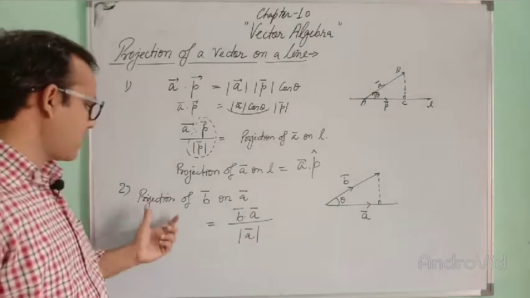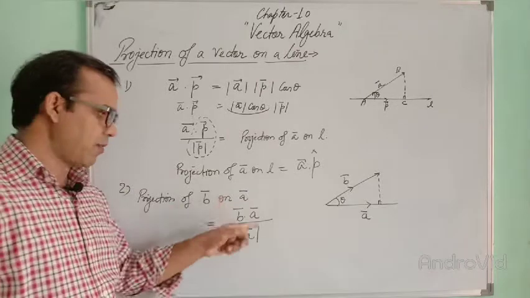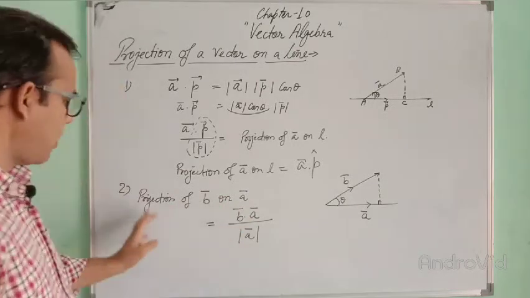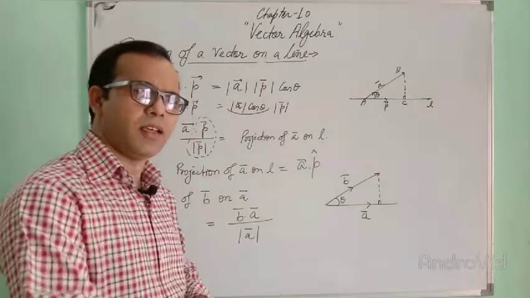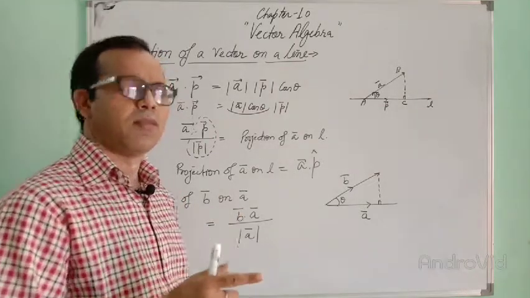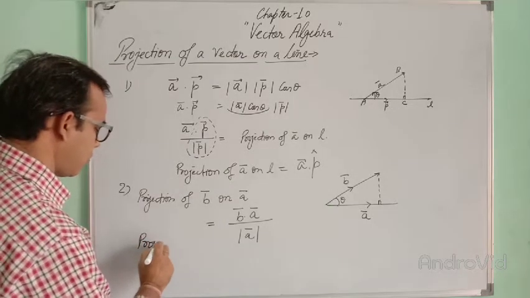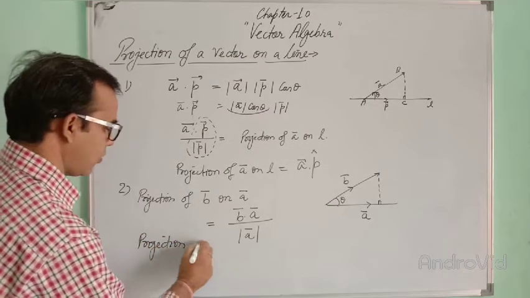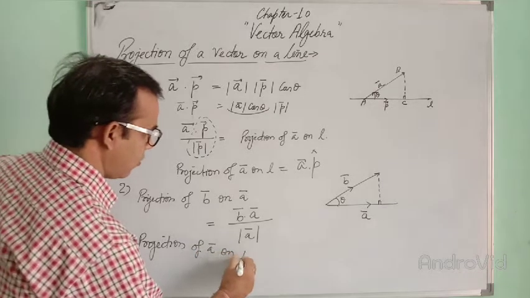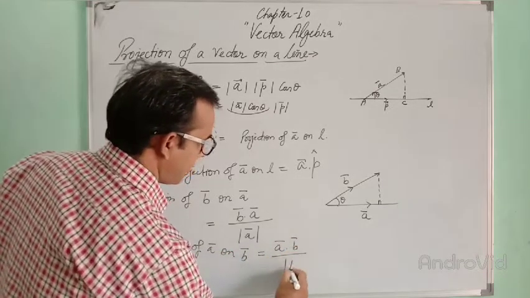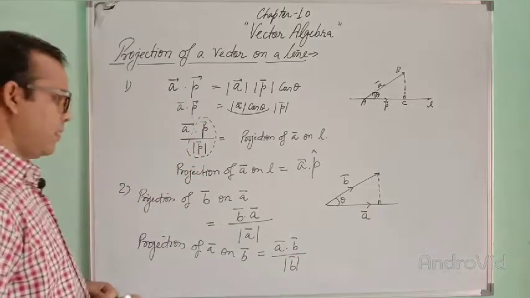Means we want to get the projection of B on A, then we will divide the dot product by the magnitude of A, and when we want to get the projection of A on B, then the dot product will be divided by the magnitude of B vector. Means the projection of A on B equals A vector dot B vector divided by the magnitude of B.